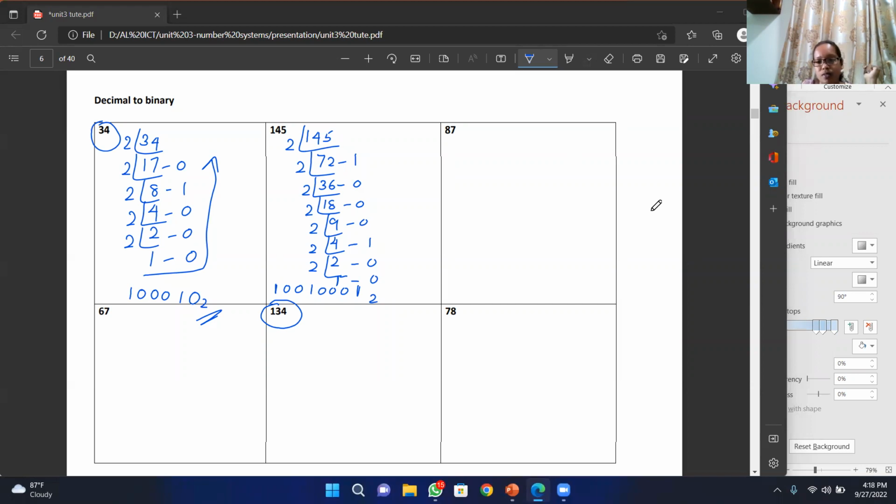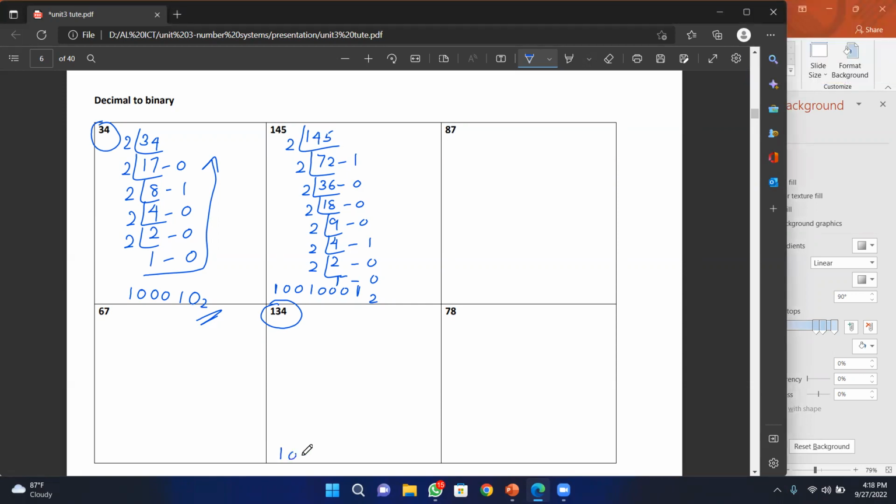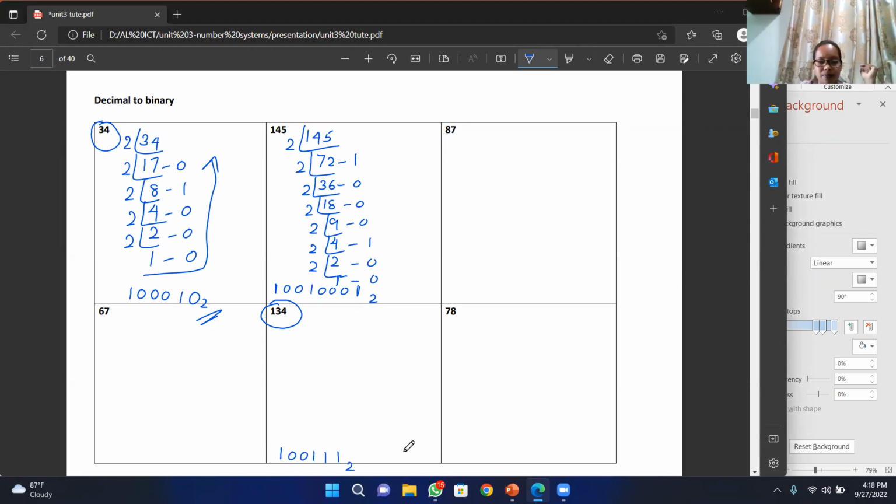Right. Did you do this one, Tilini? Yes, teacher. Right. What is the answer, Kuta? 100111. Is this one? Yes. Right. Let me solve it.